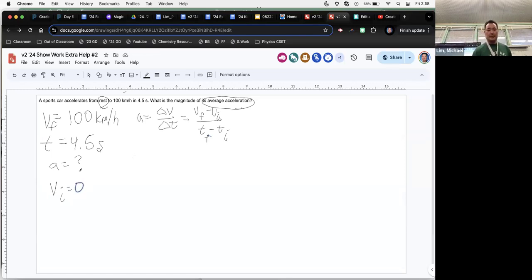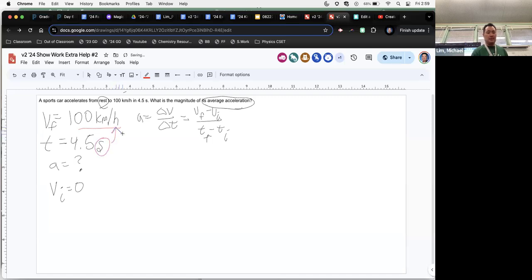All right, let's see what we should do next. Alexander, 100 km per hour. Can we put that into our formula right away? Why do you think that? We have V, we have T, but this S is going to stop us from using what's given to us.